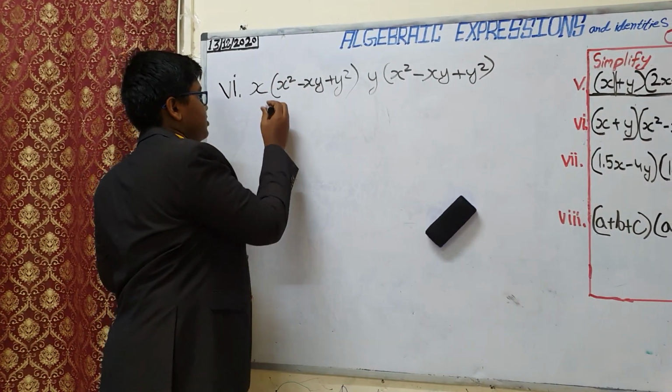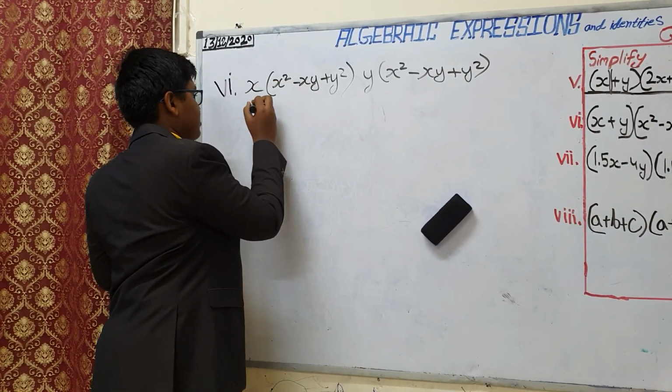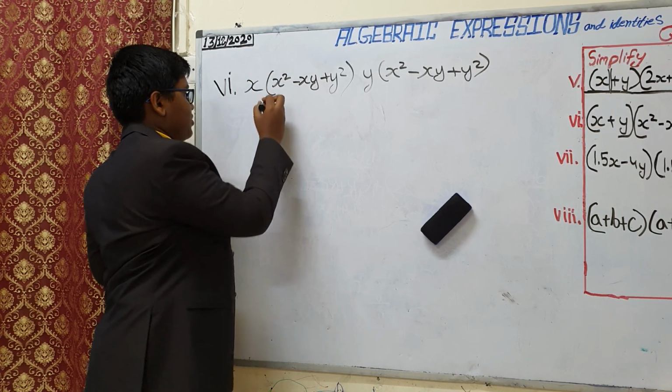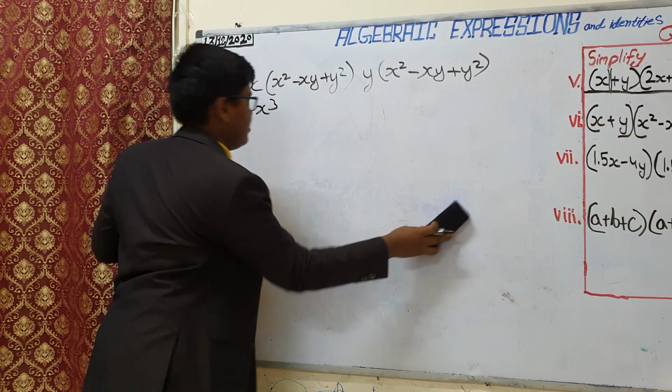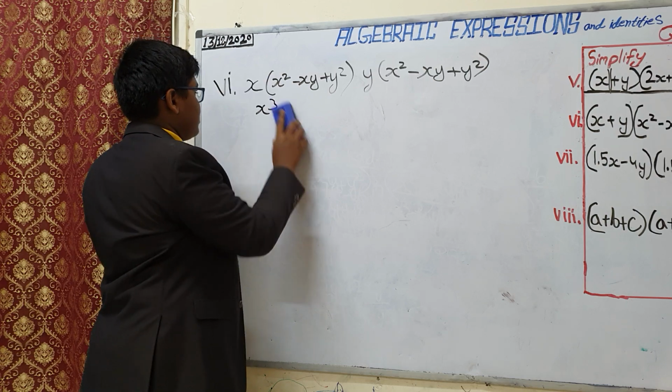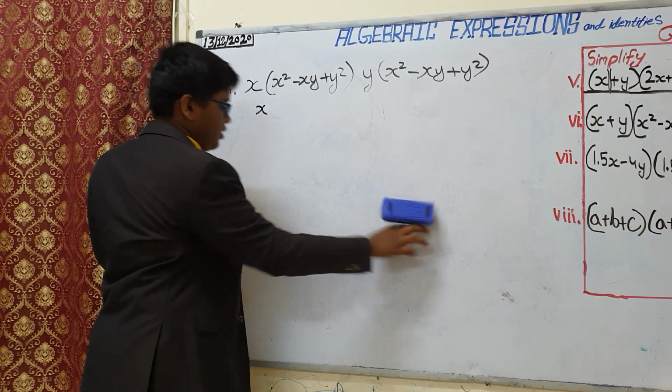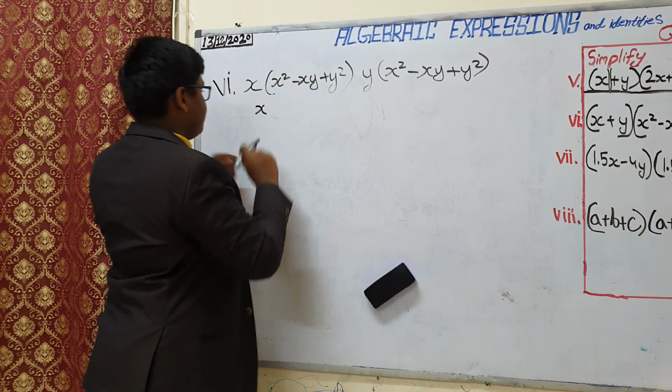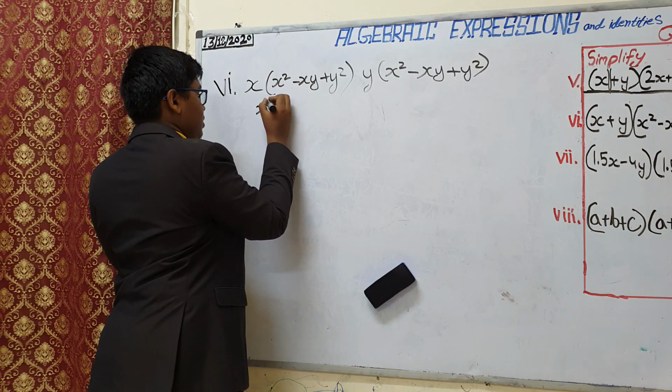So x times x squared: x into x equals x, add the powers, 1 plus 2 equals 3, so x cubed.